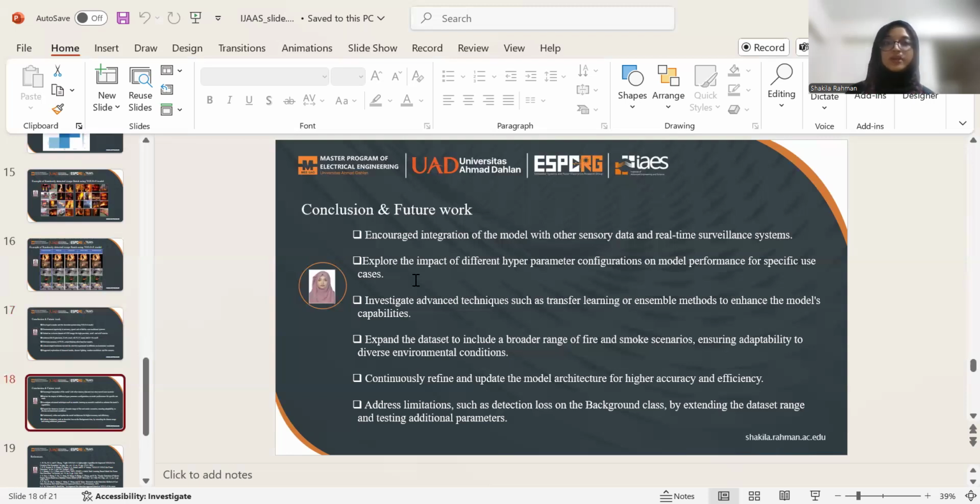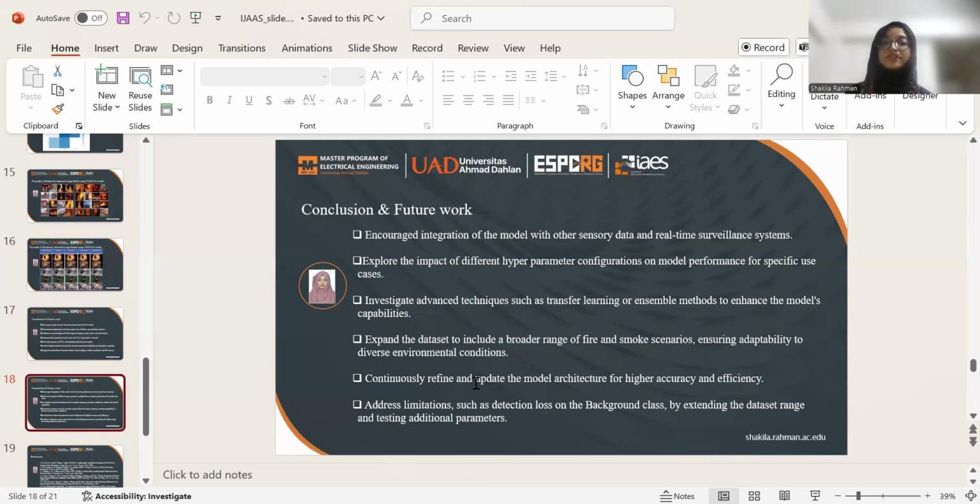Also, explore the impact of different layer parameter configurations on model performance for specific use cases, and investigate advanced techniques such as transfer learning or ensemble methods to enhance the model's capabilities. Expand the dataset to include a broader range of fire scenarios, ensuring adaptability to diverse environmental conditions.